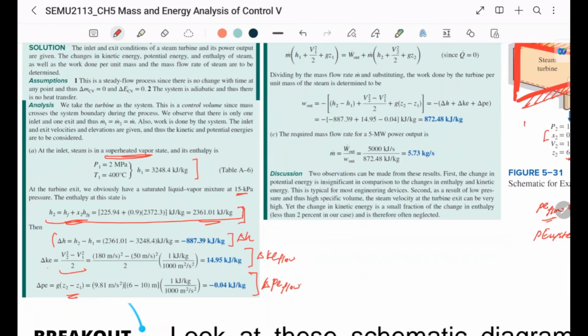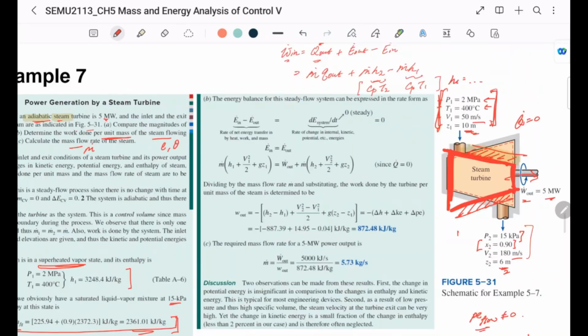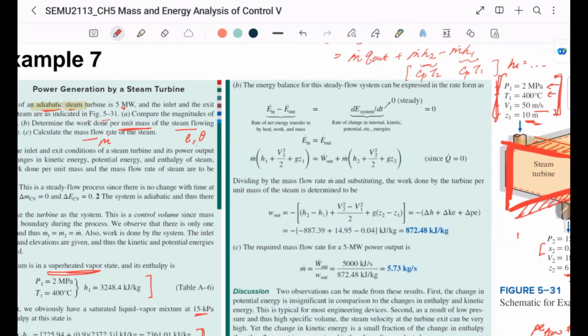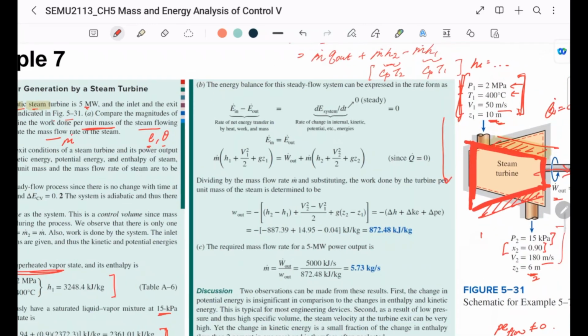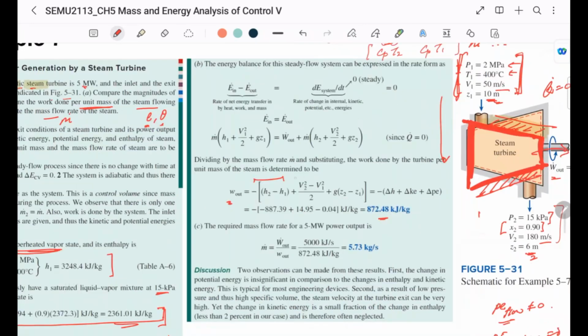Then the rest of it, to find out the flow energy, we just follow pretty much the standard steps from just now. Write the energy equation, then you should be able to find out the work because of the flow itself. They write W here, but really it should be written as E or theta. It's the change in the enthalpy, change in the kinetic energy, change in the potential energy of the flow.